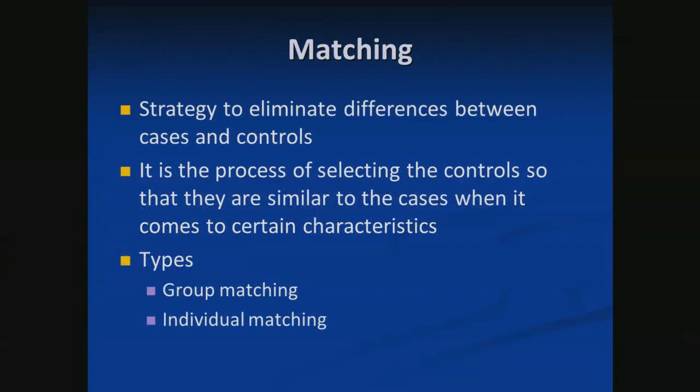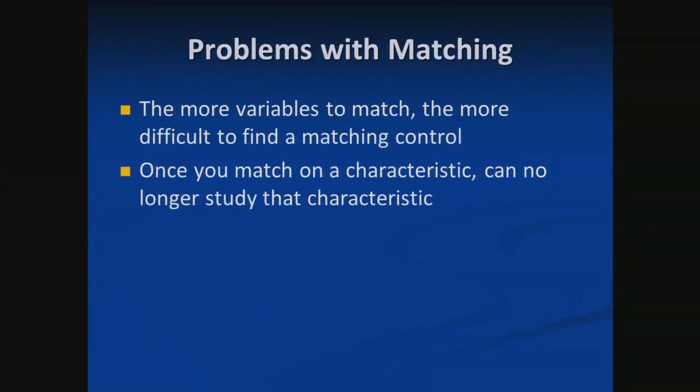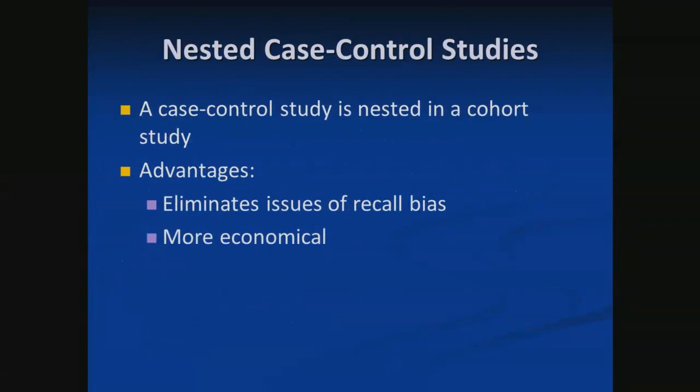Okay, so matching. I'm not sure we're going to go into this because we talked about it, and I want to leave some time to review some of the studies. But if you have questions about matching, feel free to approach me if this is an issue for you. And problems with matching I talked about. Okay, and nested case control I think I'm also going to skip.